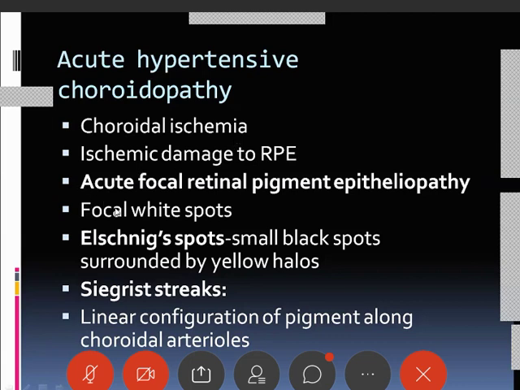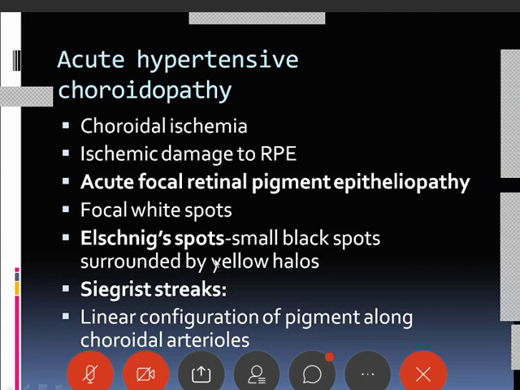Along with the choroidal ischemia, ischemic damage to the RPE does occur. So they are manifested as acute focal retinal pigment epitheliopathy, which presents as focal white spots in the fundus.